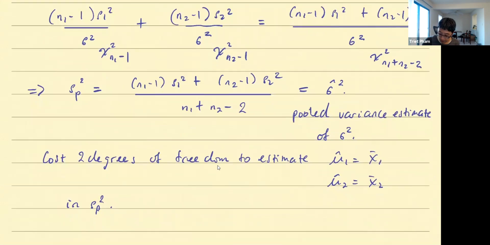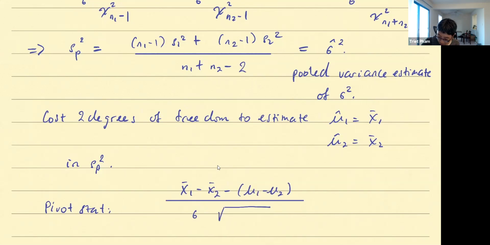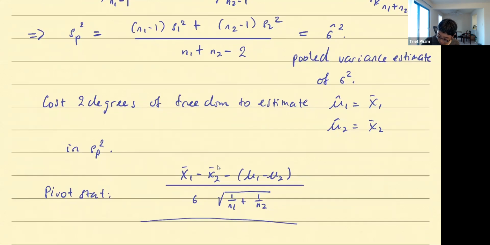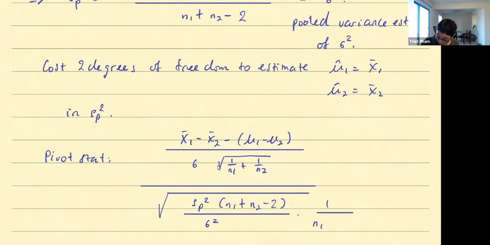So you see that our pivot stat now becomes x bar 1 minus x bar 2 minus (mu1 minus mu2), divided by sigma times square root of 1 over n1 plus 1 over n2, divided by the square root of sp square (n1 plus n2 minus 2) divided by sigma square, times 1 over n1 plus n2 minus 2.